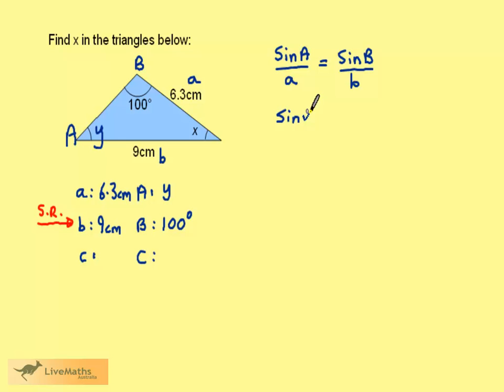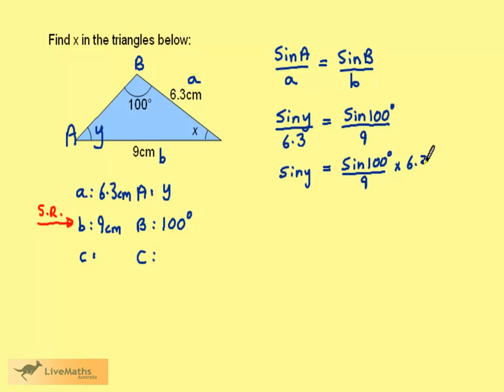Substituting in, we have the sine of y over 6.3 is equal to the sine of 100 degrees over 9. So sine y is equal to the sine of 100 degrees divided by 9 multiplied by 6.3.